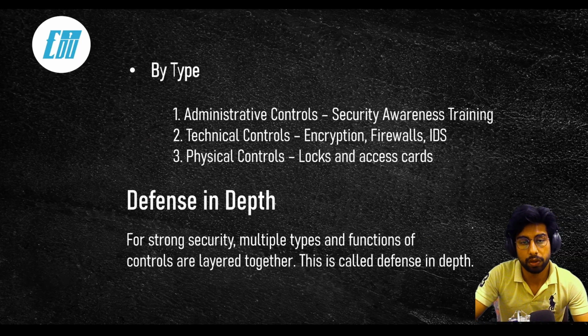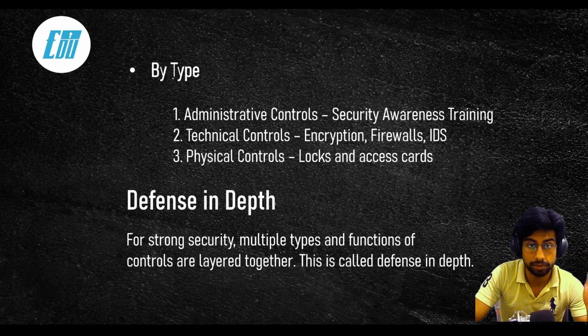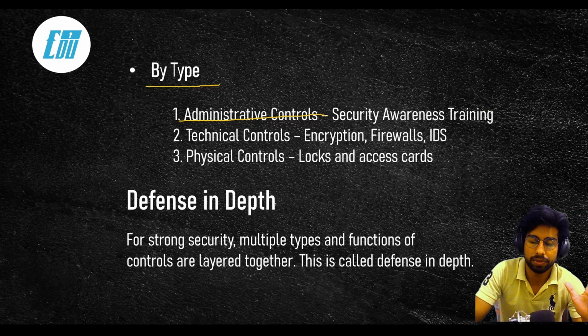So the other one is by type. By type we mean how we do it. The first one is administrative controls, and it says security awareness training. In simple words, in these controls we are trying to prepare any employee working in the organization mentally.